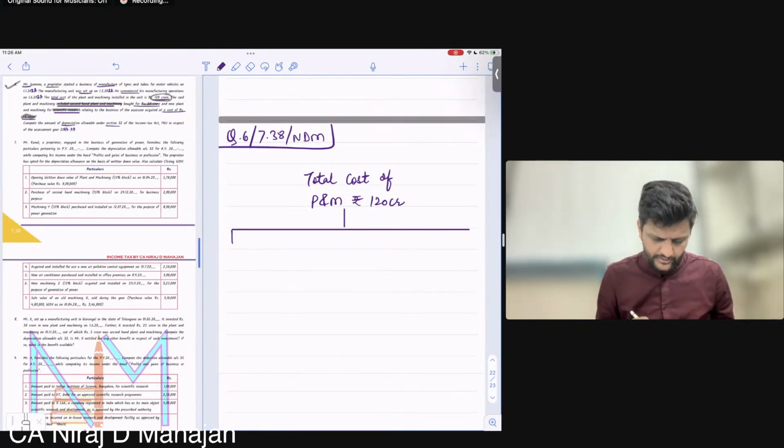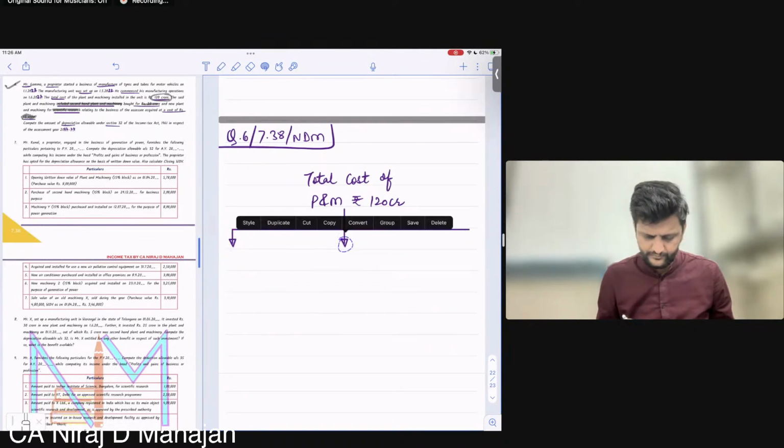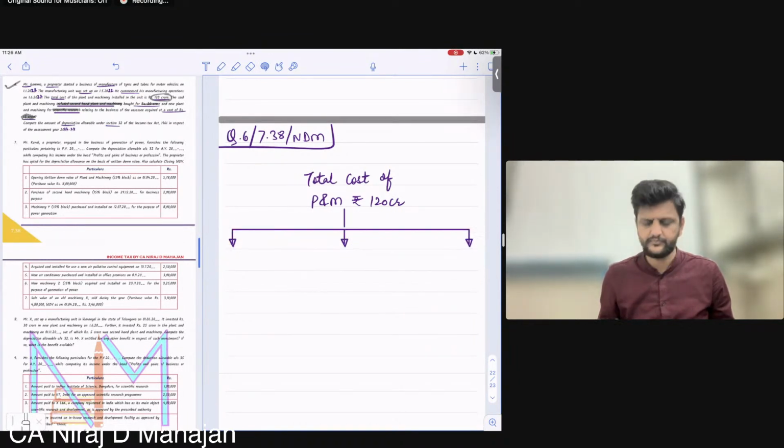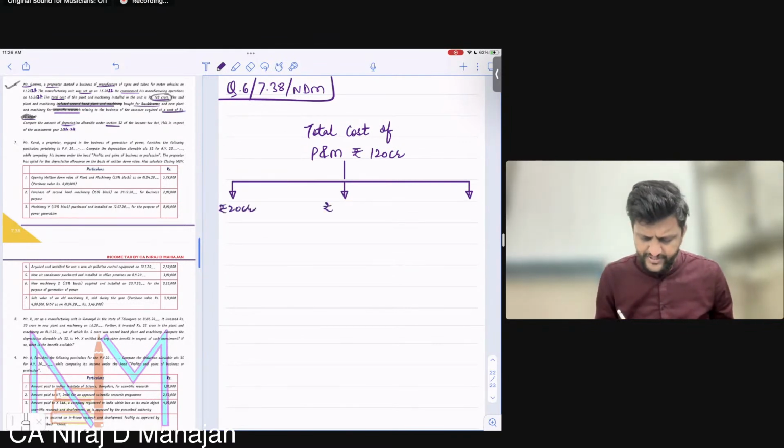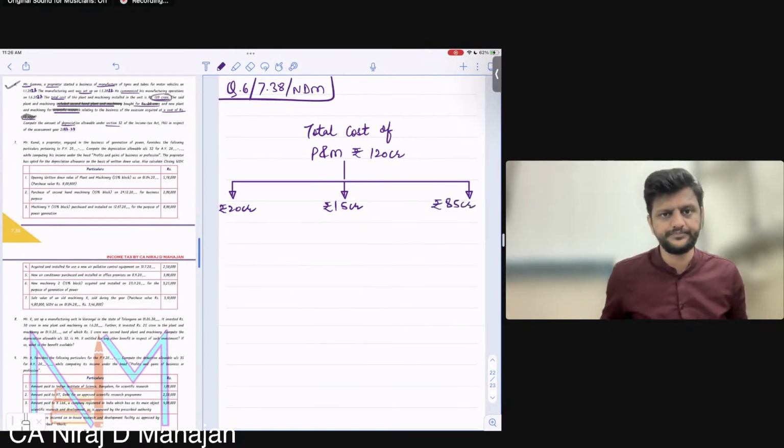Look in the question. 20 crore is about something second hand. Then 15 crores about scientific research. So remaining is how much? 35 gone from 120, so 85 crore. Simple till here? All of you okay till here?